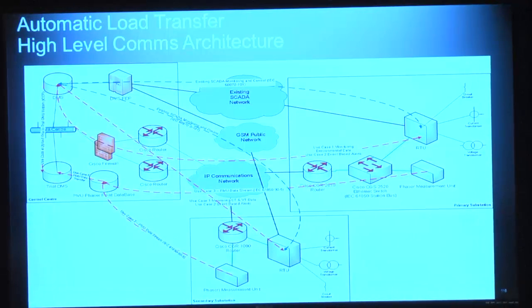So very similar to the last one, you can see here, over the radio technology, we were unable to get all the communications going. There was a public network for the RTU in this particular use case where the existing monitoring and control information was to remain. Again, as one of the conditions, we were not allowed to touch any of the existing communication flows that they had in place.